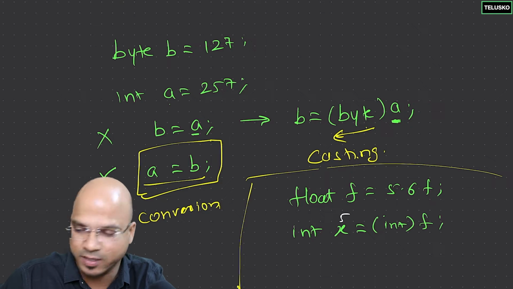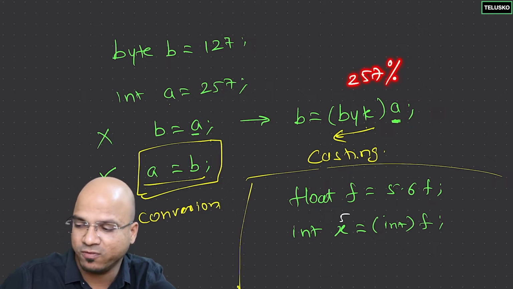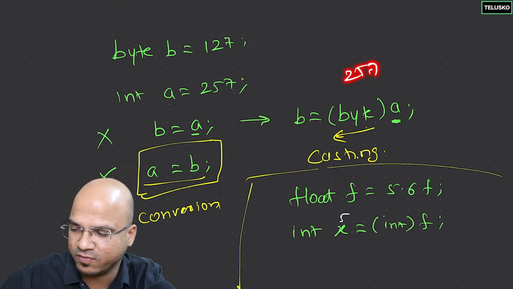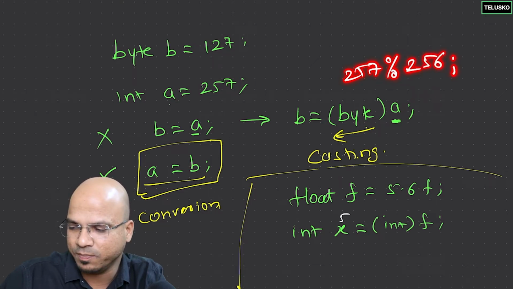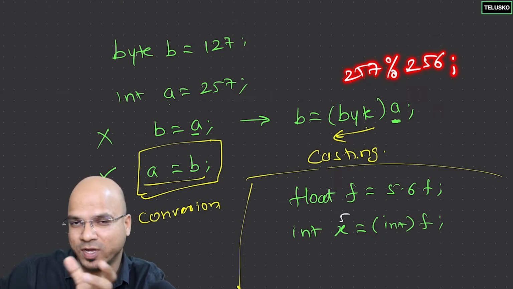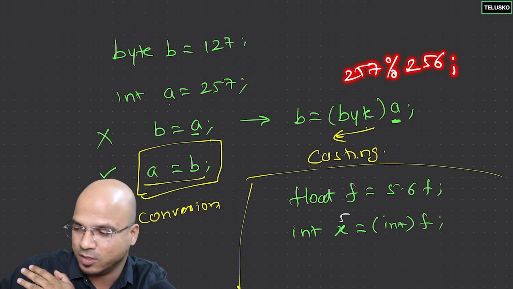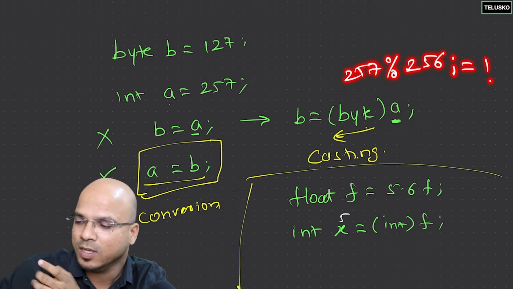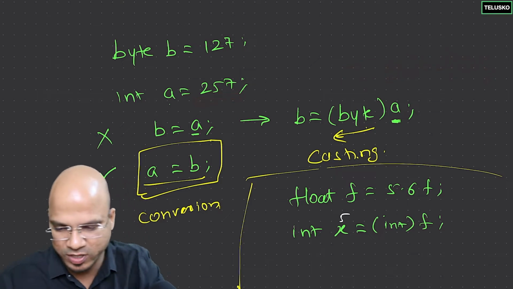It will take 257, the percentage symbol being the modulo, and divide it by the range, which is 256, because the complete range of byte is 256, from -128 to +127. The remainder you will get here is 1. Cool. So the answer here, when you try it with 257, will be 1. I will show you that in the code.